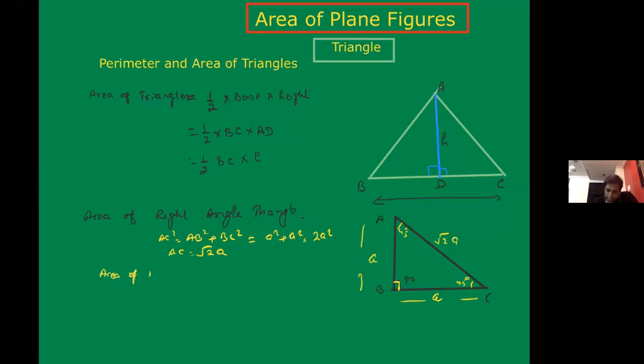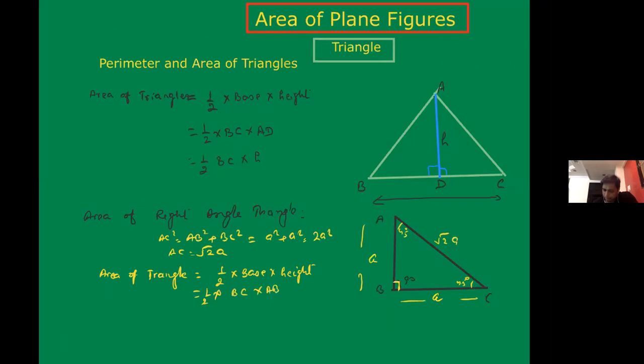So the area of the right angle triangle equals, you know that, 1 by 2 base into height. Okay, so 1 by 2 base is what? BC into height, we know that AB.